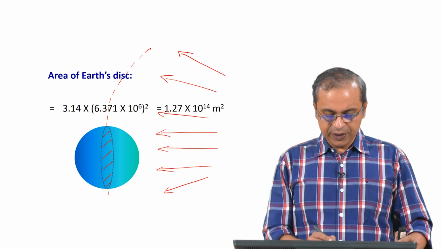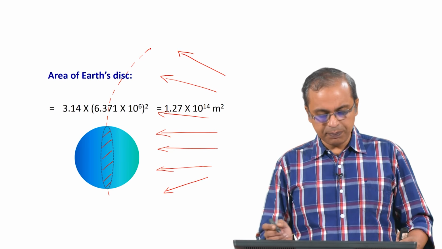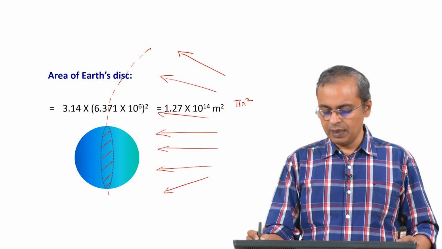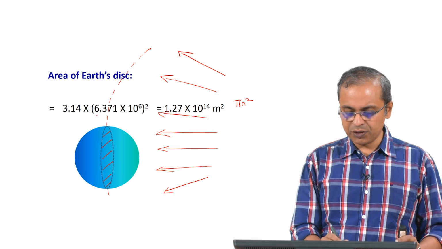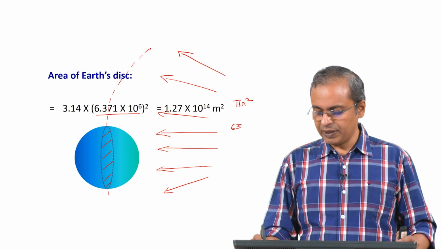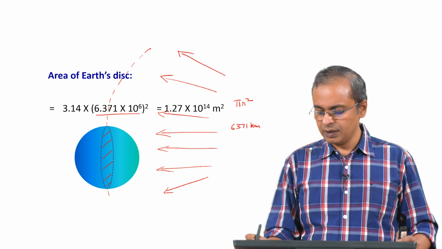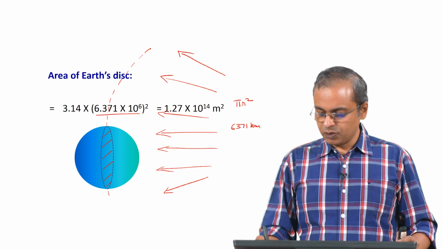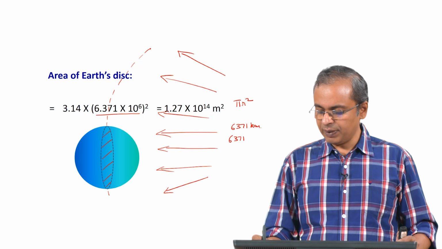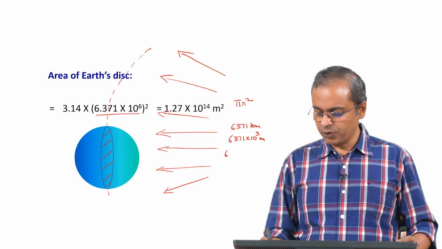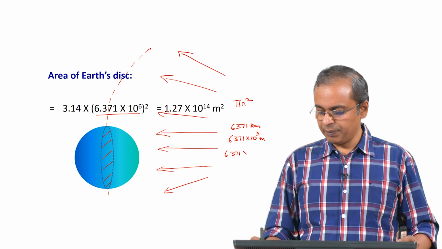For that, first we need to calculate the cross sectional area of Earth, which is simple: it is pi r square, and this is the radius of Earth, 6371 kilometers, or 6371 into 10 power 3 meters, or 6.371 into 10 power 6 meters.